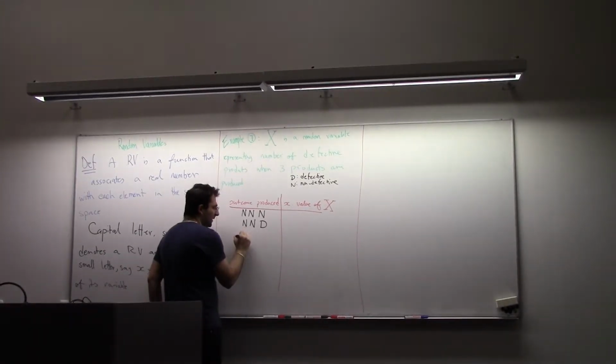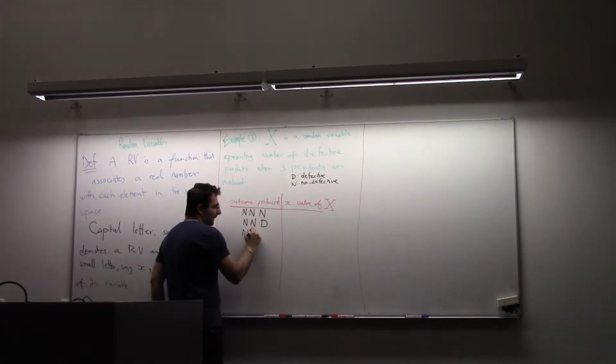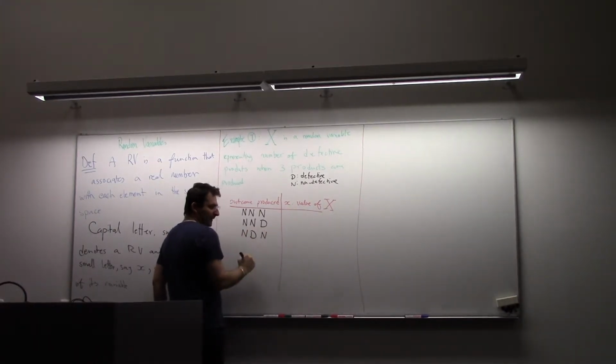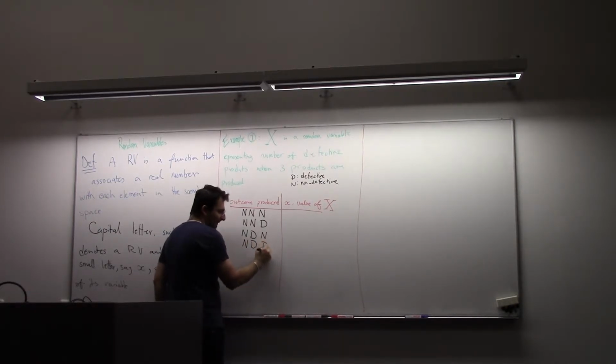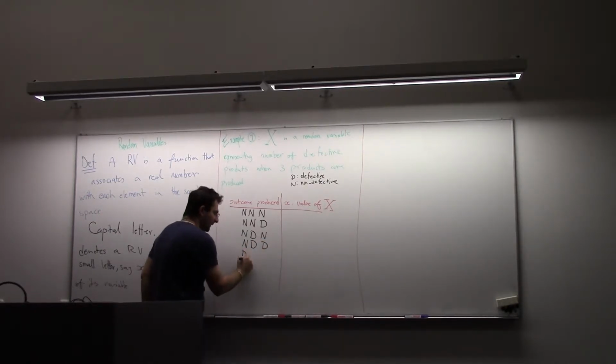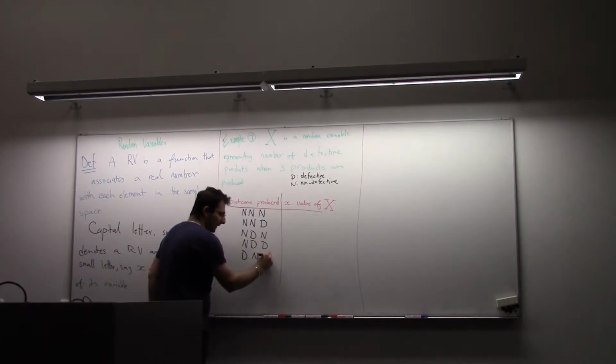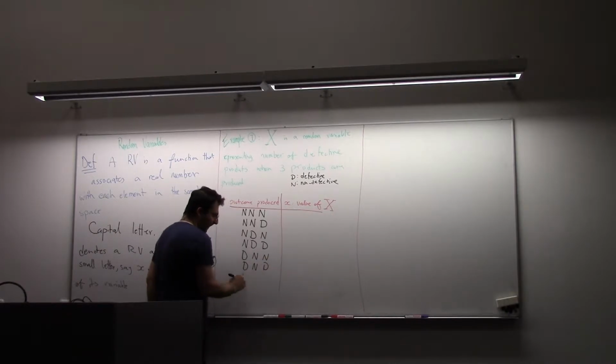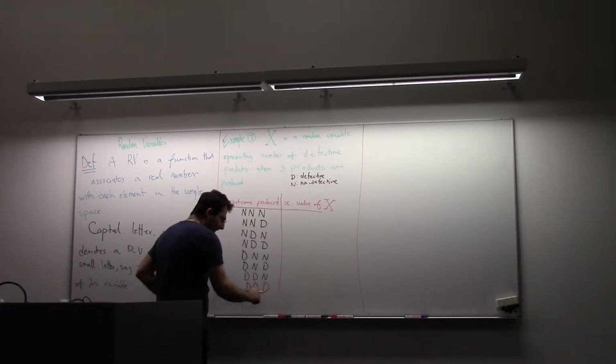Then it can be non-defective, defective, non-defective. Non-defective, defective, defective. Defective, non-defective, non-defective. Defective, non-defective, defective. Defective, defective, non-defective, and defective, defective, defective, right?